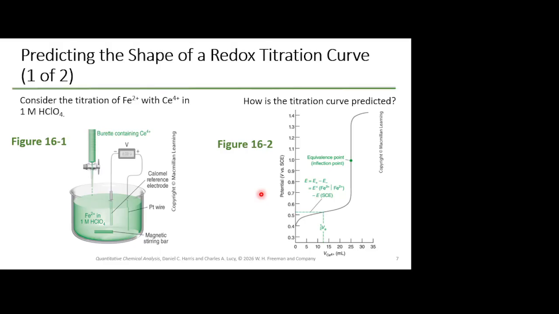So let's consider this titration here. This is sort of the example I'm going to use for everything that we talked about for a while. Okay, and so right here you have a burette, right? And you're going to be adding cerium 4+ to a solution of iron 2+. This needs to be in HClO4. Do you remember when we dissolved the iron in the lab?